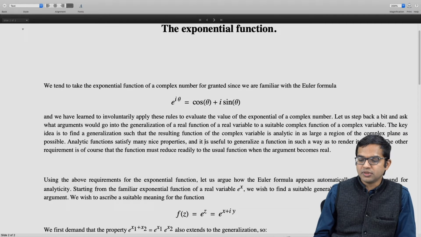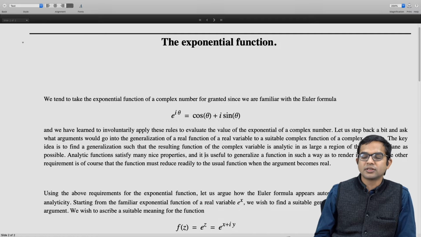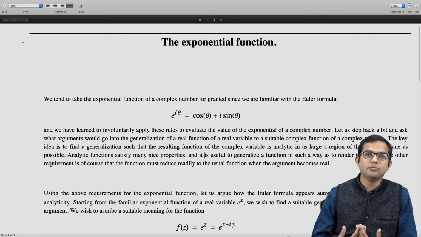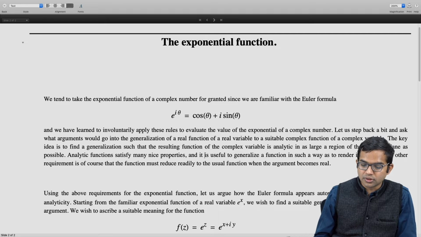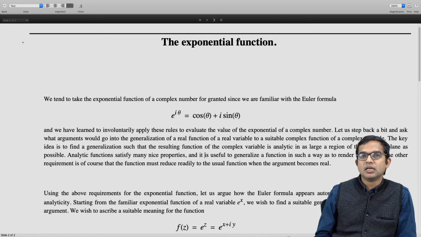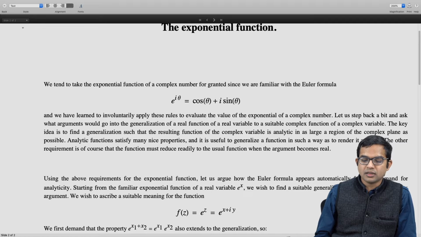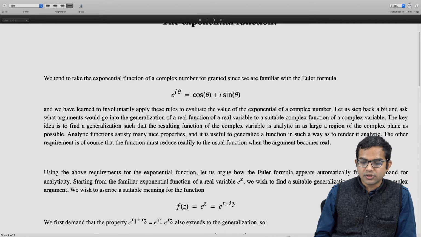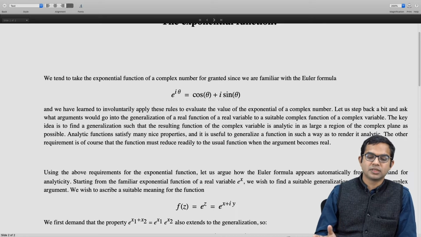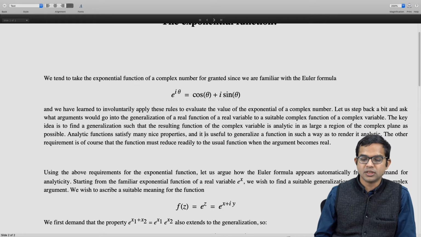Okay, so we start with the function e to the x, where x is a real variable, and then we ask, how can we give meaning to the function f of z is equal to e to the z, where z is x plus iy, right? So we start by demanding that this function too should have the familiar property e to the x1 plus x2 is equal to e to the x1 times e to the x2.